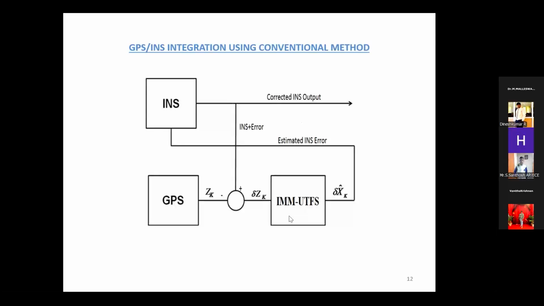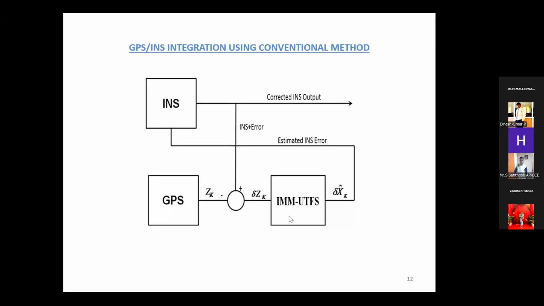Due to these unnecessary problems in the conventional method of integration, we are moving to intelligent based navigation, due to the advancement of artificial neural networks and evolutionary algorithm techniques. So that is how I am going from a conventional navigation system to an intelligent based navigation system.